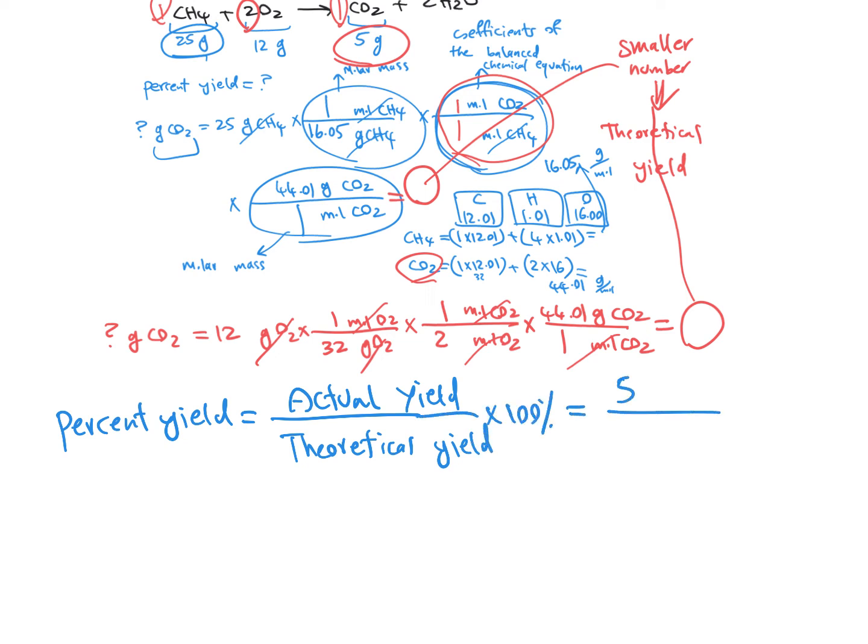So you have 5 grams, that is your actual yield, and then you put theoretical yield here that you find, multiplied by 100%, and that would be your percent yield.